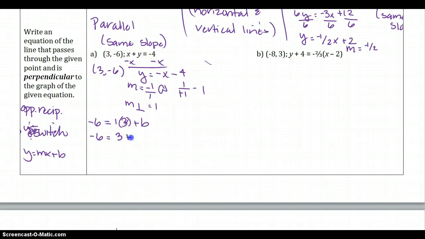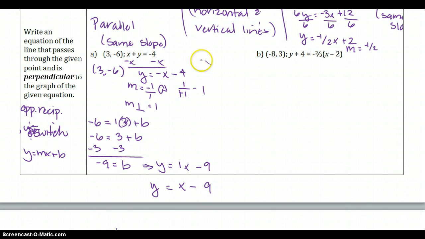So negative 6 equals 3 plus b, minus 3 minus 3, negative 9 is equal to b. So my equation is y equals 1x minus 9. However, if you know better, which I know you do, you won't put the 1 in front of there. You just put y equals x minus 9.